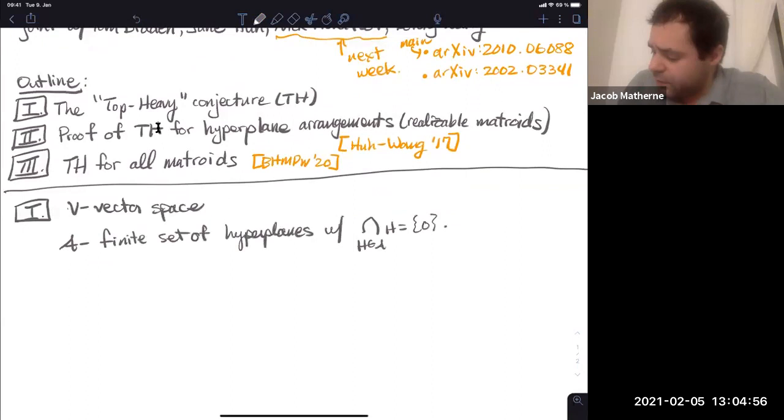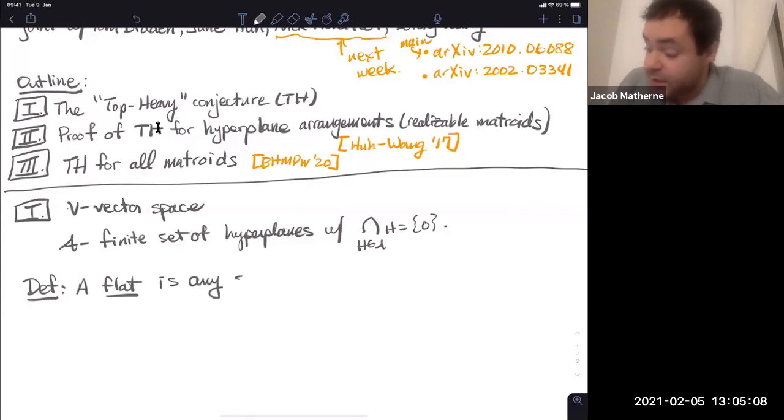So let me give you a definition. I want to start intersecting these hyperplanes and see which subspaces of the vector space I get. A flat is any subspace obtained by intersecting some of the hyperplanes.